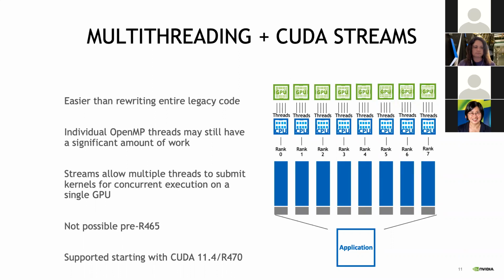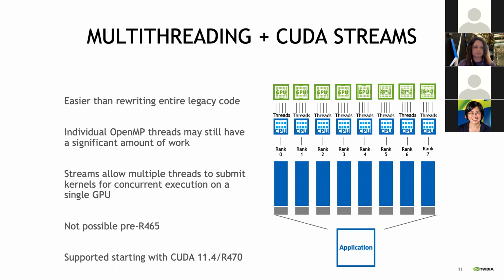That might require many different operations across many different work items or pieces of data within each OpenMP thread. So they might still have a significant amount of work inside of each one of these threads.